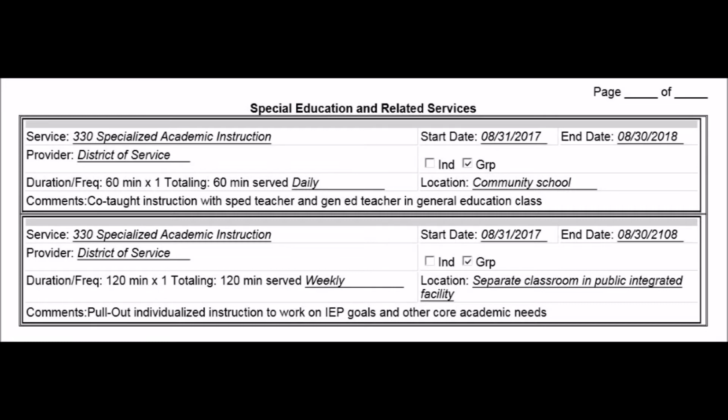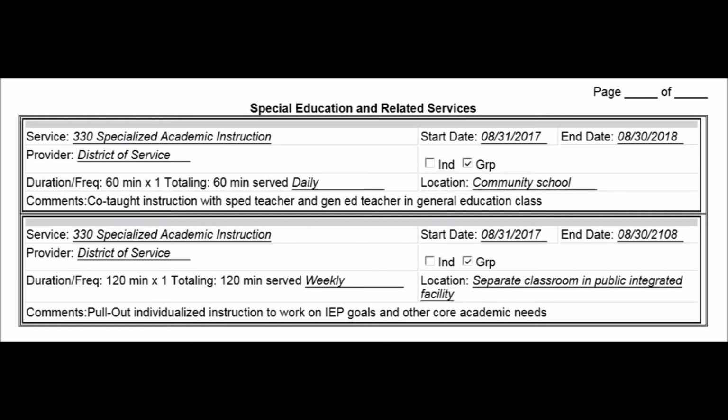So what that means is the education specialist along with her general education teacher work together to provide services to Jane.